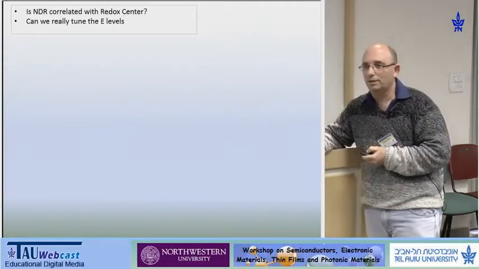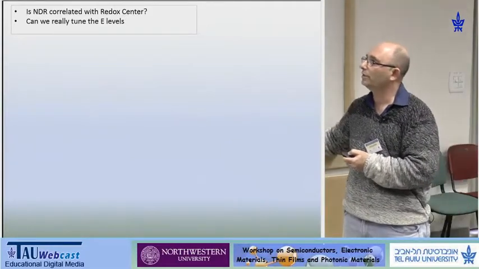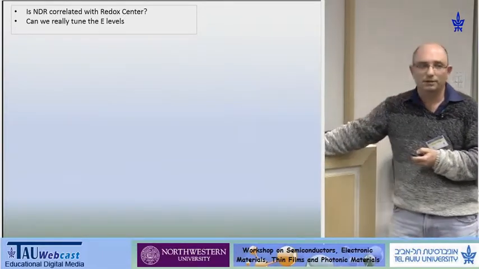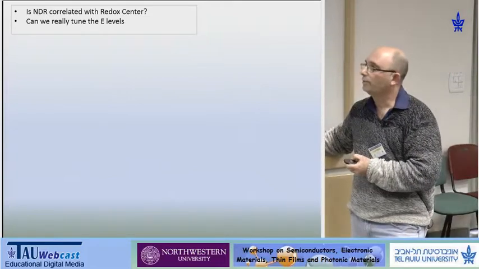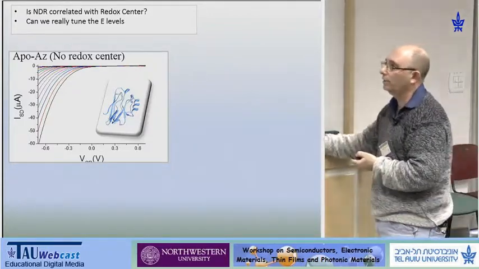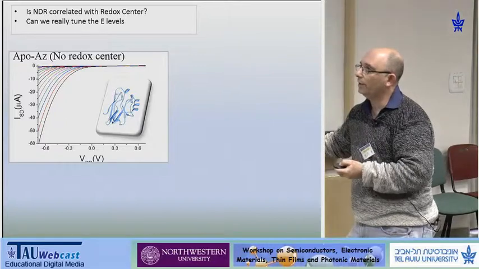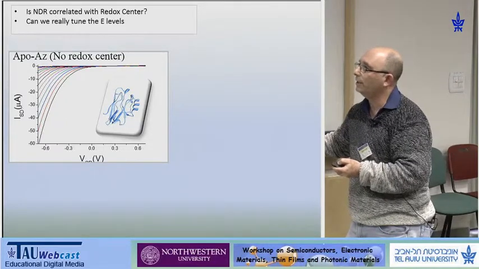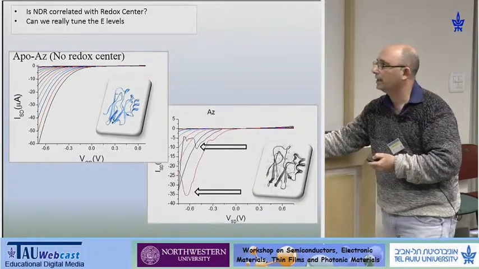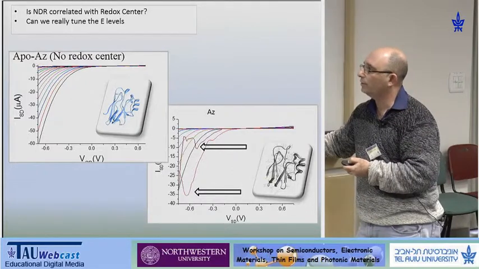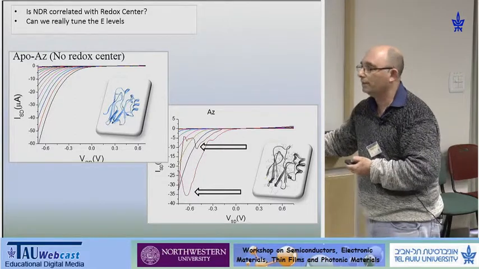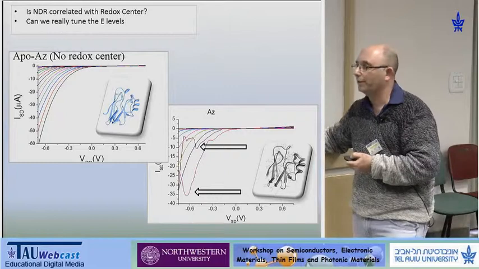And we still don't have the mechanism, but we proved the following. So we asked ourselves, does NDR correlate with the redox center? And can we really tune the energy level inside the Fermi window? So first, what we did, we took the apoazurin. The apoazurin is azurin without the redox center. So we scanned over the V-gate, and we didn't see any NDR peak. Not surprisingly, when we scanned with our vertical gate transistor with the redox center, we see very nice NDR peaks with appropriate gate voltage.